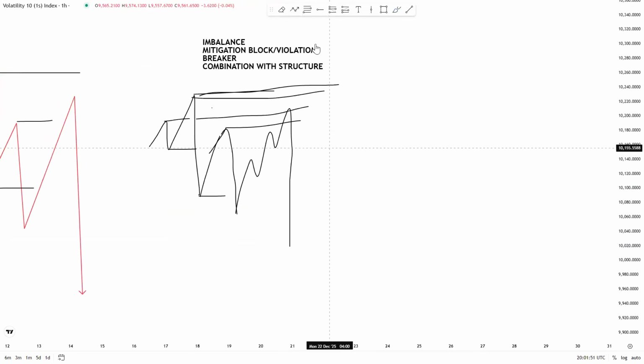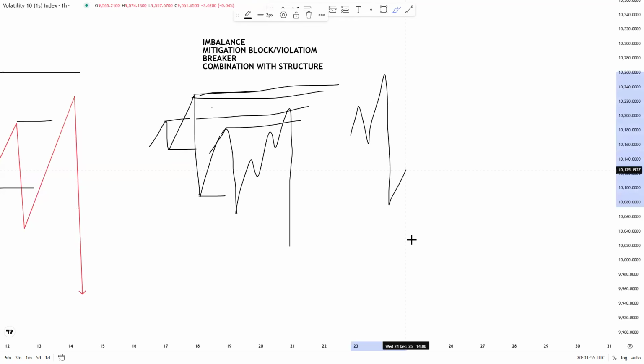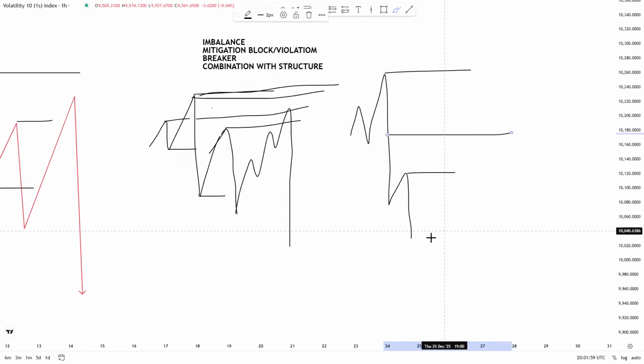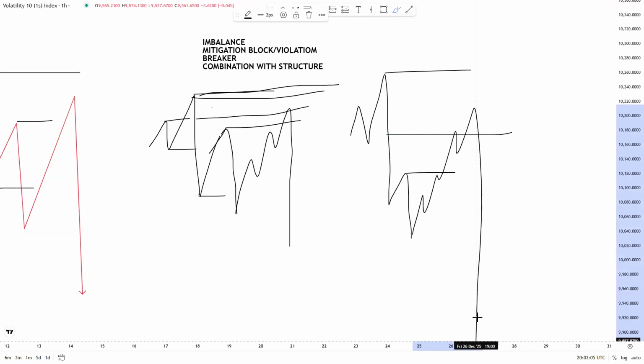So if you did not have a complete pullback, you obviously have a 50% still above here, and definitely leaving imbalance here. Price needs to come back and take it out. This one, you'll be so sure that this is liquidity.